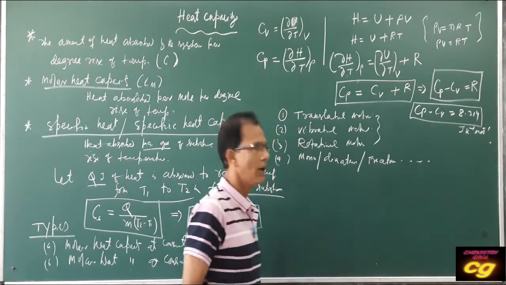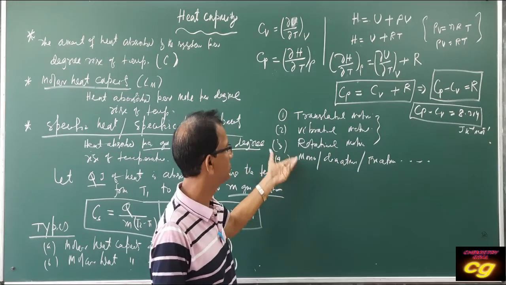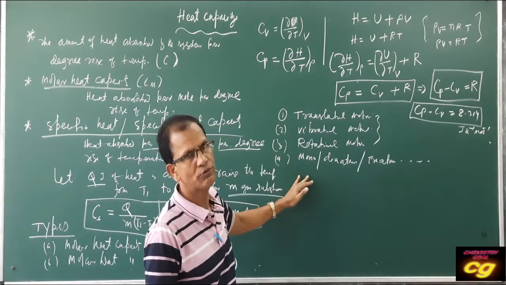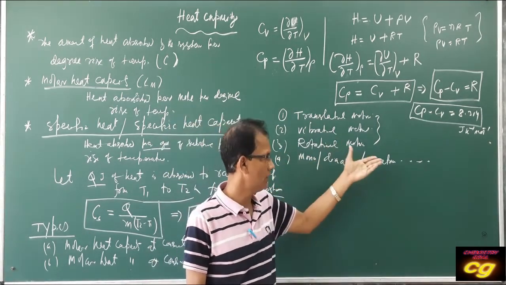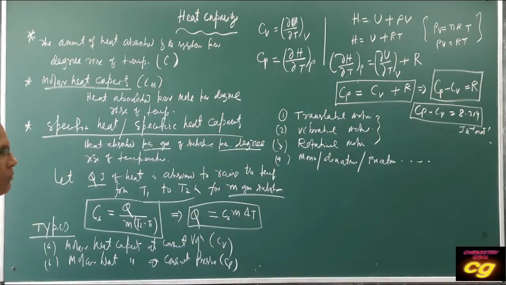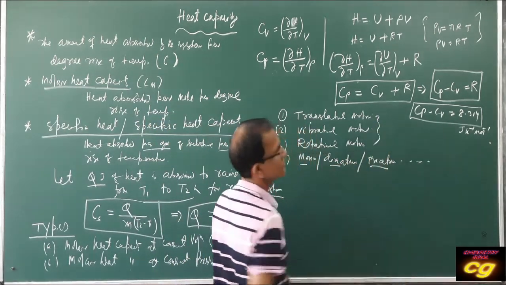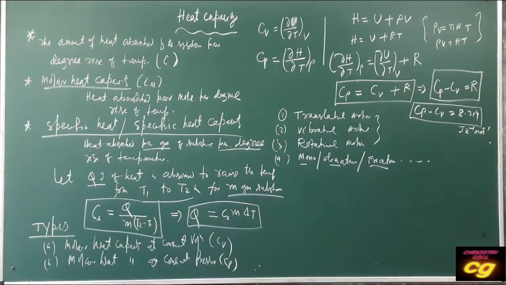For monoatomic, diatomic and triatomic molecules, the calculation of Cp and Cv also differs.